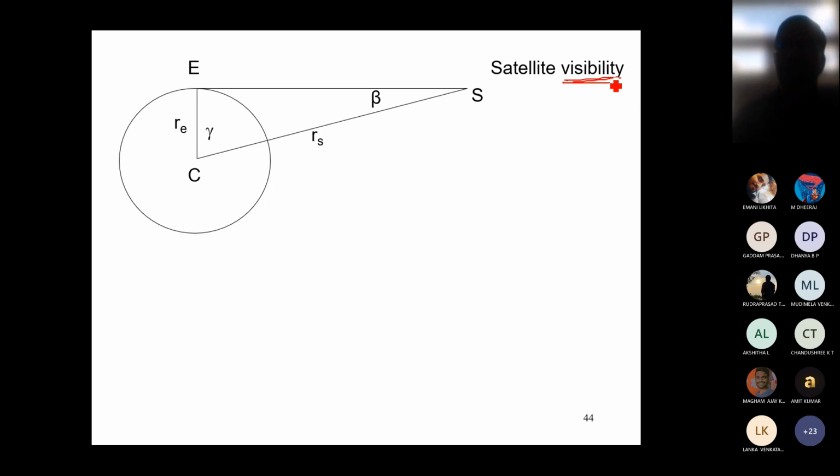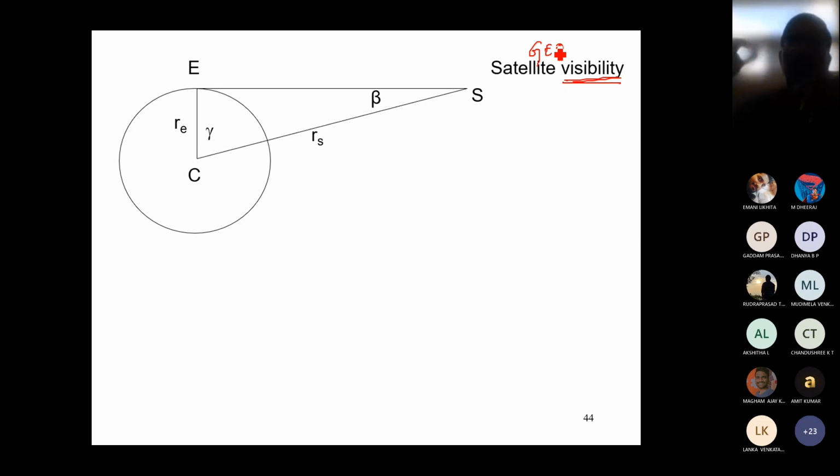When we talk about visibility, particularly for geostationary Earth orbit satellites, they orbit in the geostationary orbit, and those satellites remain stationary, or rather relatively stationary.